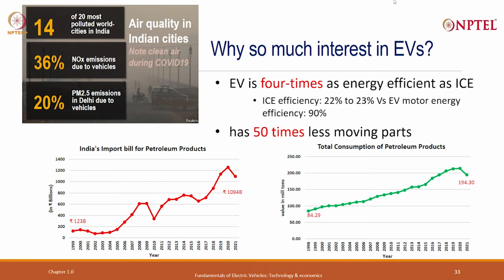It has very few moving parts. These moving parts will become less and less as the vehicle goes up, almost 50 times less moving parts, which means the vehicle can last much longer. In fact, one of the tasks that we have taken is, we are taking the old diesel petrol autos, 3-wheeler autos, and we are converting them back to electric.